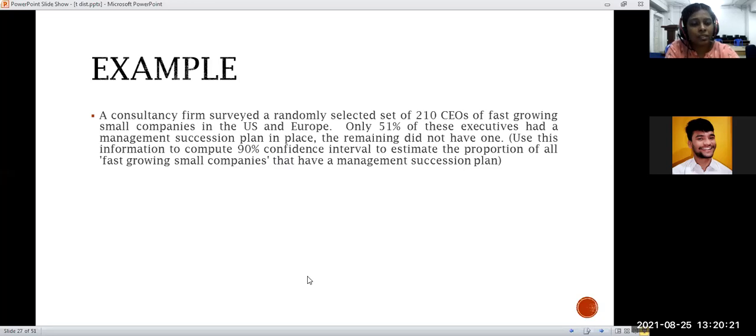So this is the question which we'll be trying to solve in Excel. If you have clearly understood this, then I'll give you another example, a question to solve. If you're able to solve that, that will show that you are clear with the concept. Okay.